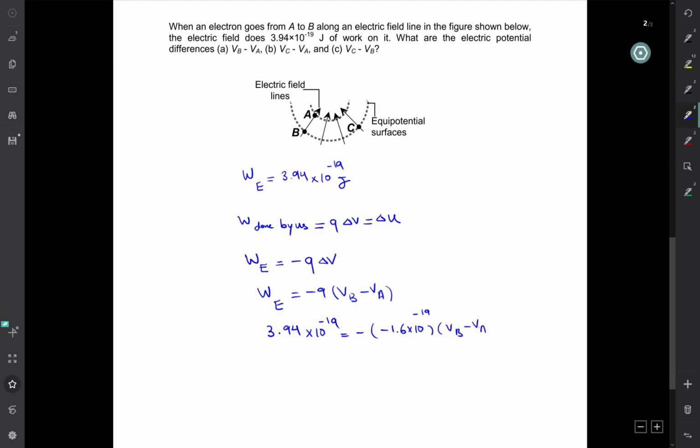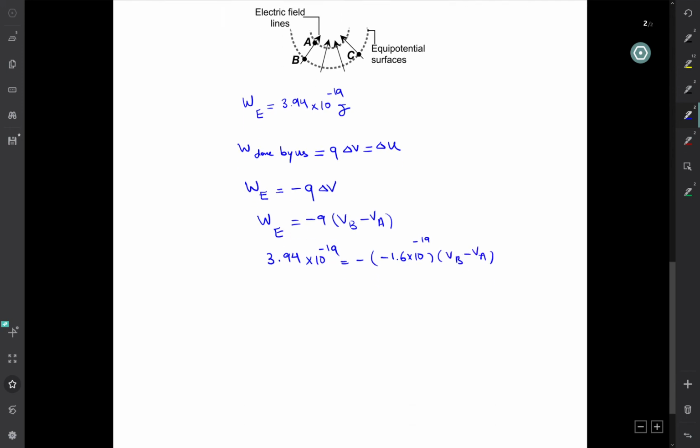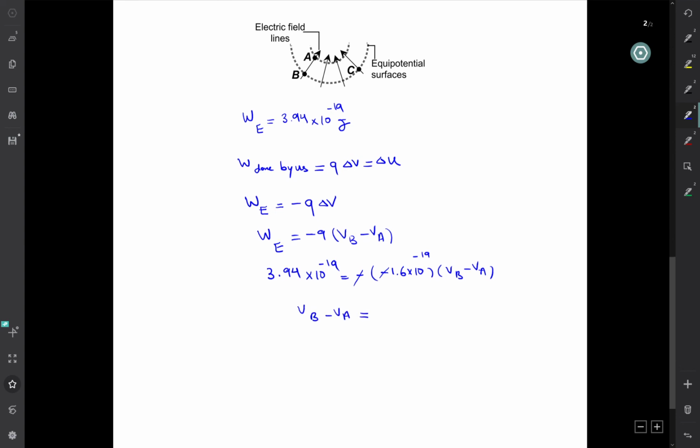That's what you're looking for, that's your unknown. Basically divide both sides by 1.6 times 10 to the minus 19 after you cancel out the negative sign. Therefore, VB minus VA is 2.46 volts.